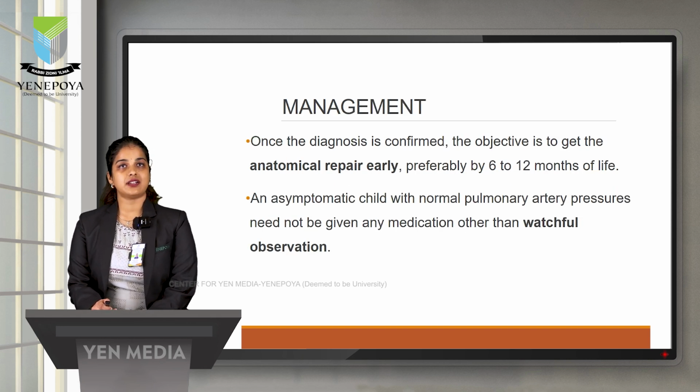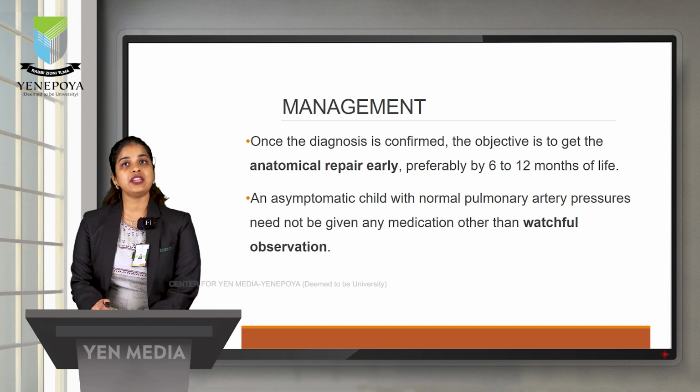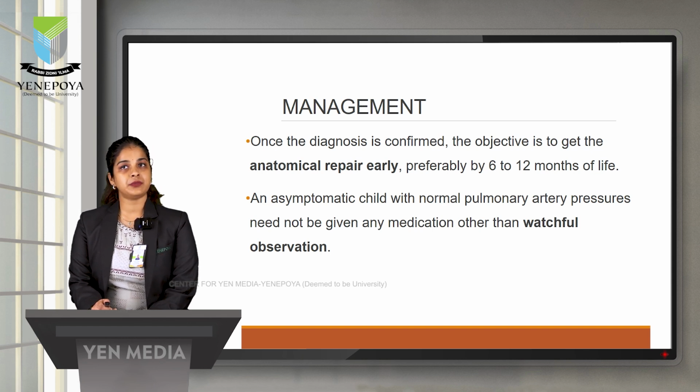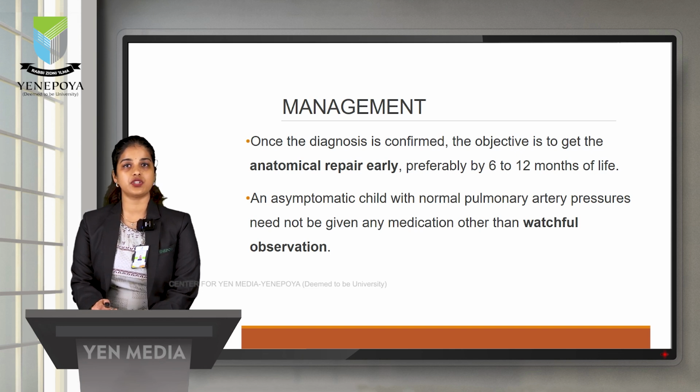Coming to the treatment, that is the management part. Once the diagnosis is confirmed, the main objective is to get an early anatomical repair, preferably by 6 to 12 months of life. If the patient is asymptomatic with normal pulmonary artery pressures, no medications are needed other than watchful observation of the child.